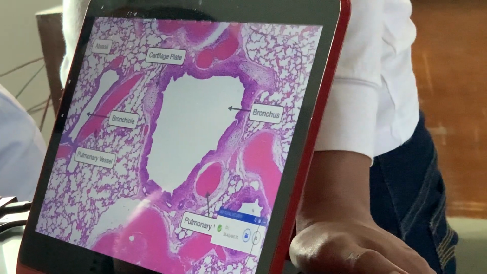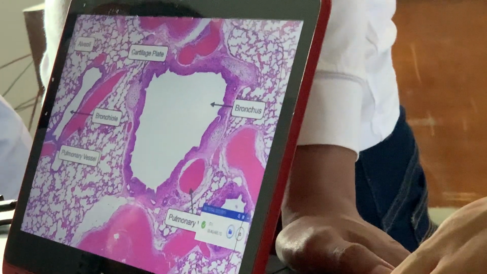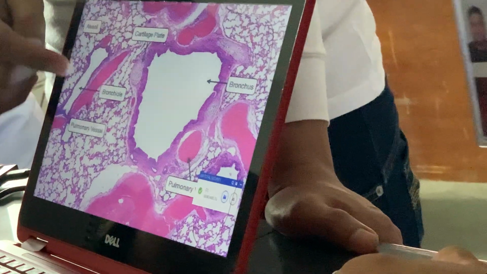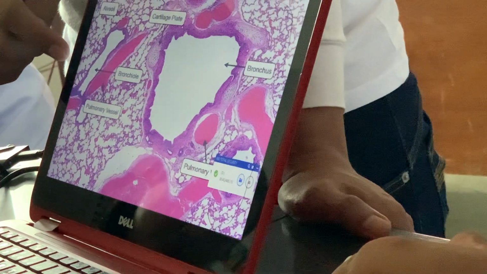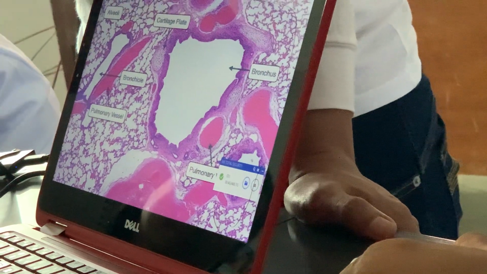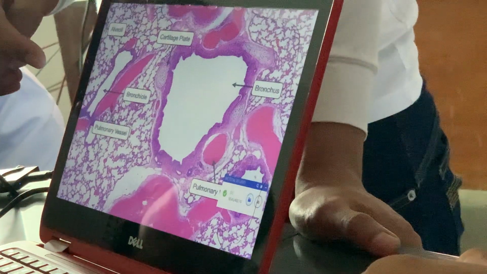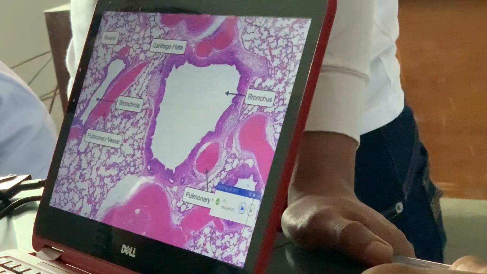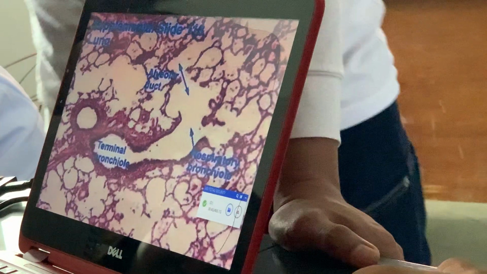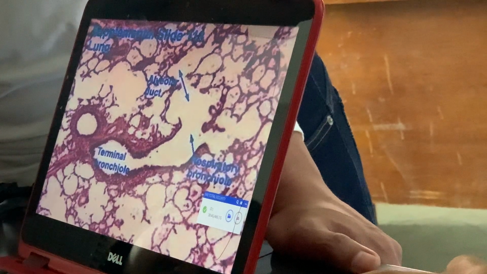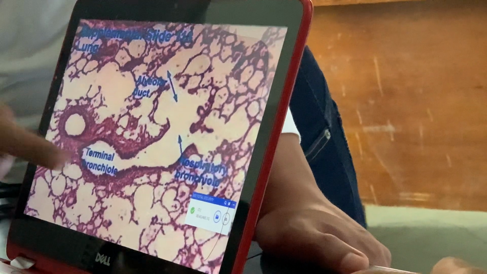What you have to look for in the respiratory: are there alveoli? None. Are there goblets? None. So meaning this is terminal. Very bright, I'm very proud. Next.